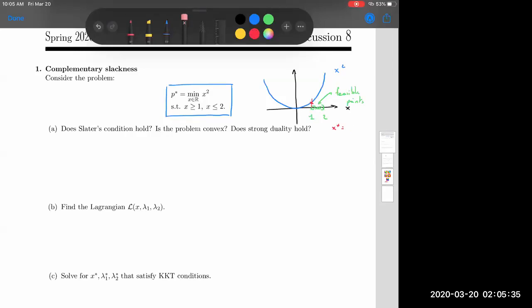But now let's see how we can use KKT conditions and duality to find the same thing.